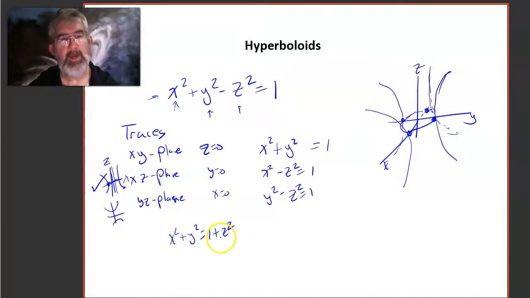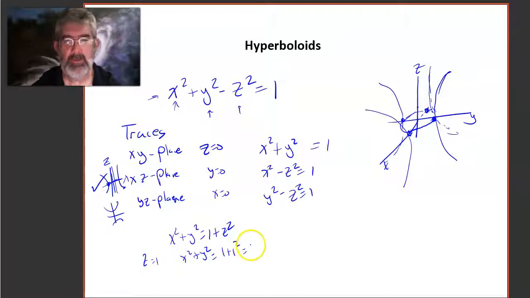No matter what value of z I plug in here, positive or negative, 1 plus z squared will be a positive number, and this will then be a circle centered at 0, 0, with radius the square root of 1 plus z squared. So for instance, if I plug in z equals 1, so I'm looking up here at z equals 1, I've got x squared plus y squared equals 1 plus 1 squared, which would be 2.